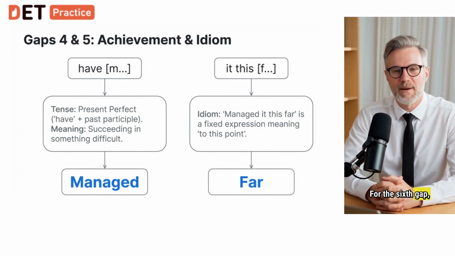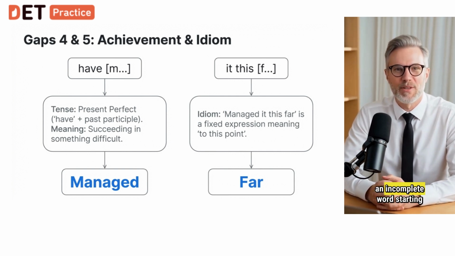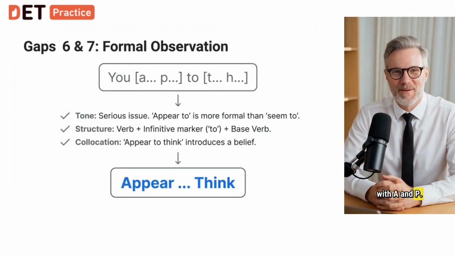For the sixth gap, after you, we have an incomplete word starting with A and P. The answer is appear. We need a verb that works with to before an infinitive. The meaning here is that the speaker is observing the friend's behavior. Appear to think has a more formal tone than seem to think, which fits the overall tone of this passage about a serious friendship issue.